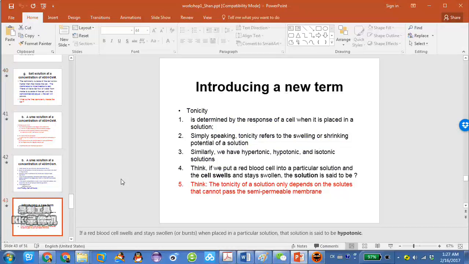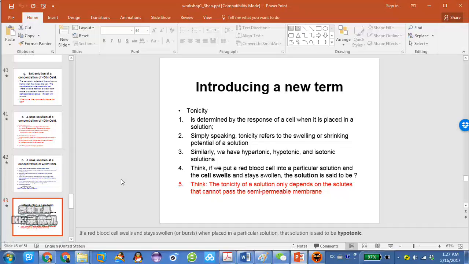We say that tonicity is only related to the cell volume change when a cell is put into a specific outside solution. When a cell is put into an outside solution, if the cell swells or bursts, we say that the outside solution is hypotonic to the cell.